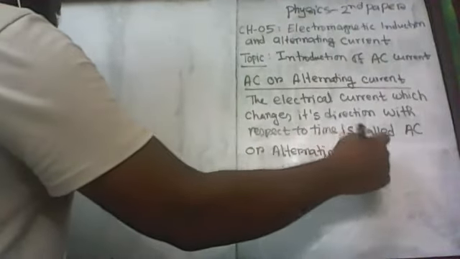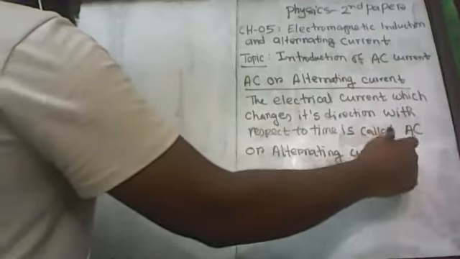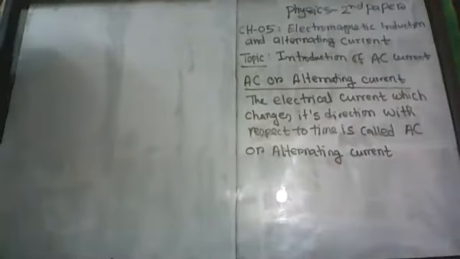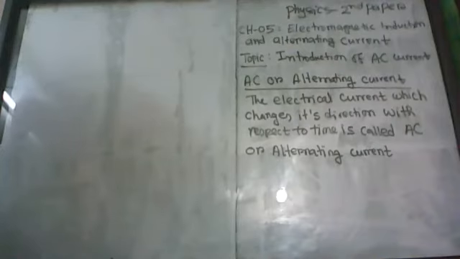This alternating current always changes its direction with respect to time, and that's why it is known as alternating current or AC current.